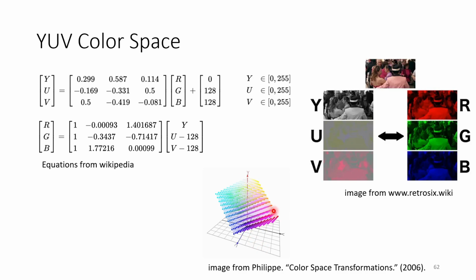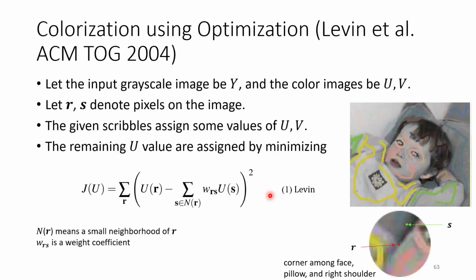Then there is a cube, a skewed cube in the YUV space. So the colorization problem is an example of scattered data interpolation, and how to use optimization to solve the problem. This is a very famous paper from 20 years ago. It's a very, very old paper.